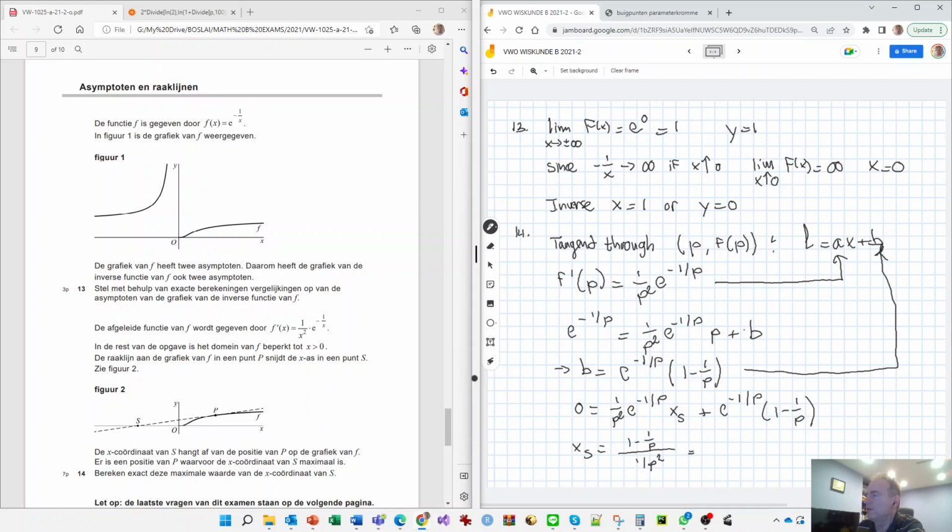So I just multiply both sides, the numerator and denominator, by p squared. So I get p squared minus p divided by 1.